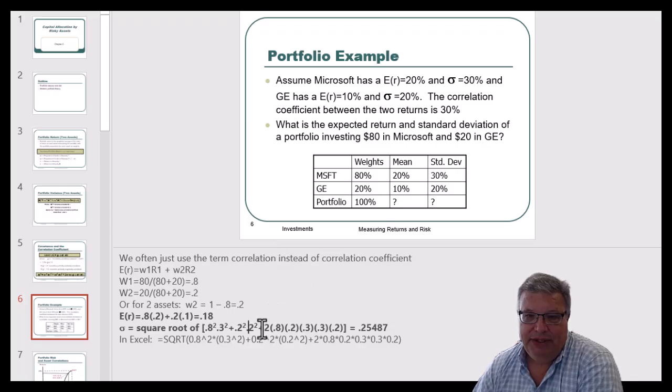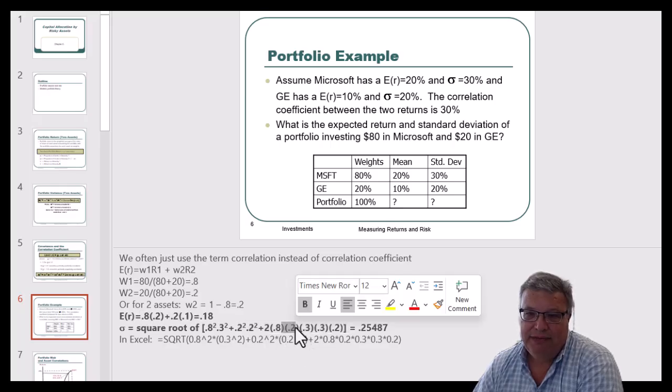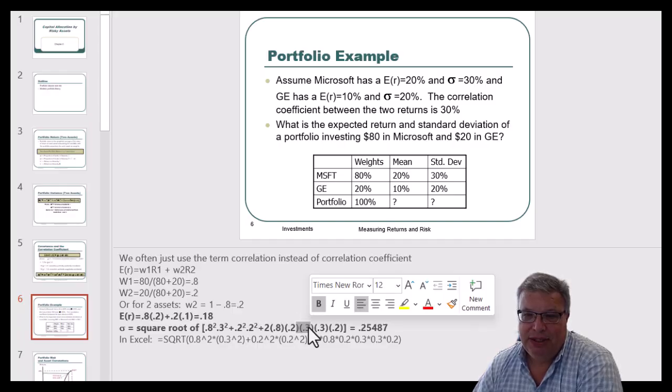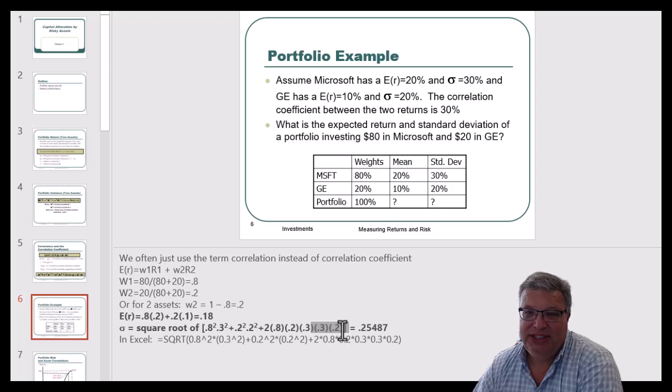And then this term right here is going to be 2 times the weights, meaning the weight of Microsoft, 0.8, and the weight of GE, which is 0.2, multiplied by the correlation coefficient, which was 0.3, that was given, and then multiply the individual standard deviations, 30% and 20%.